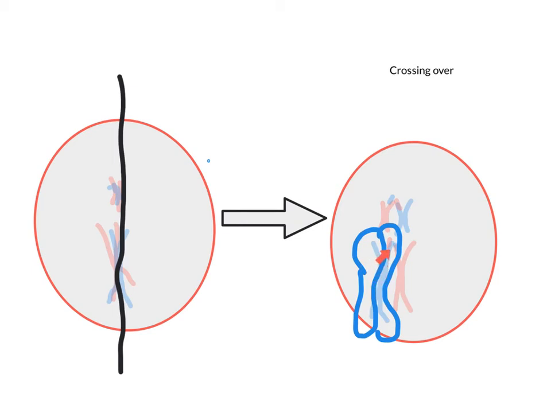This one here has exchanged genetic material with the paternal chromosome, so it is not identical to the chromatid that it had replicated itself from. And so that's another example of how meiosis and crossing over contributes to variation.